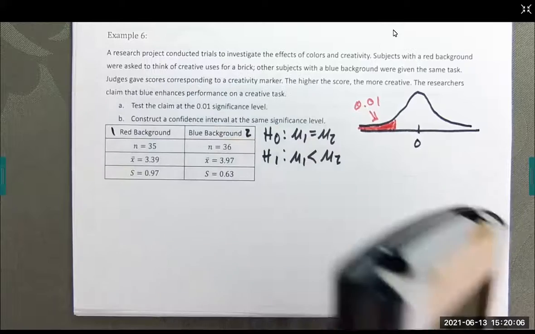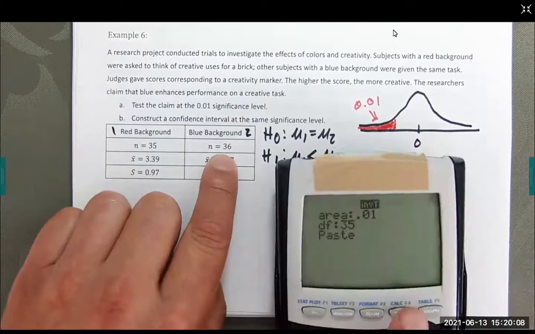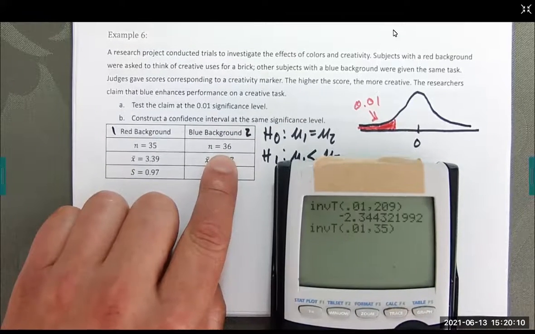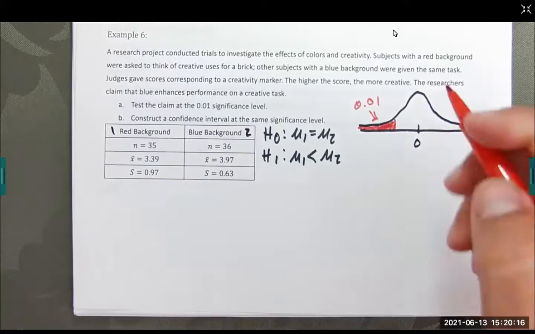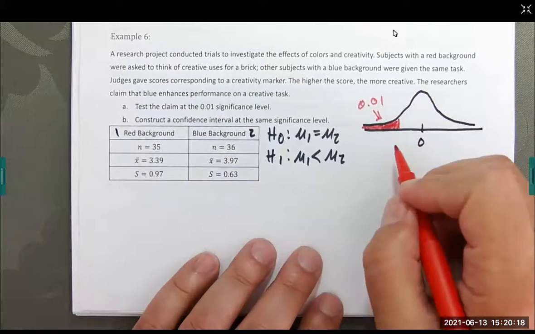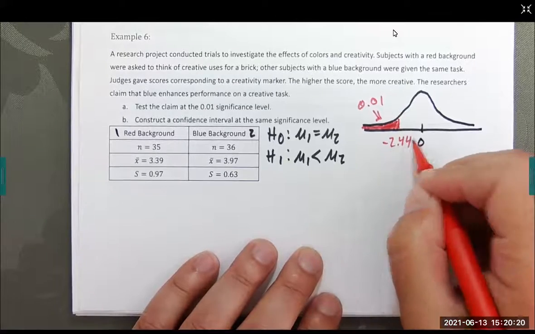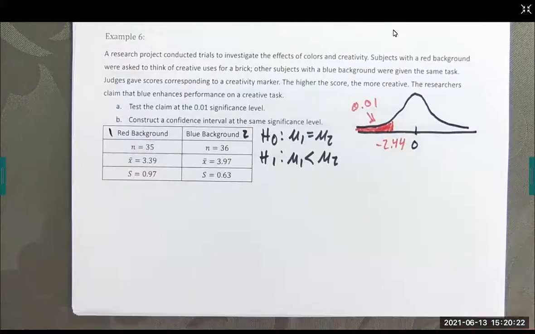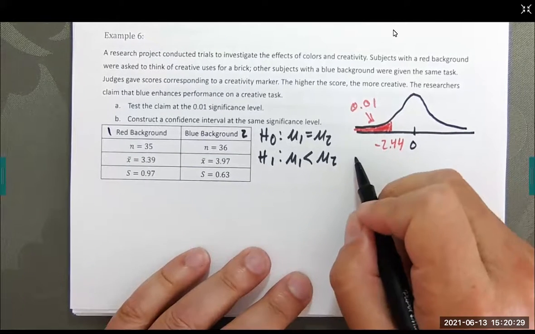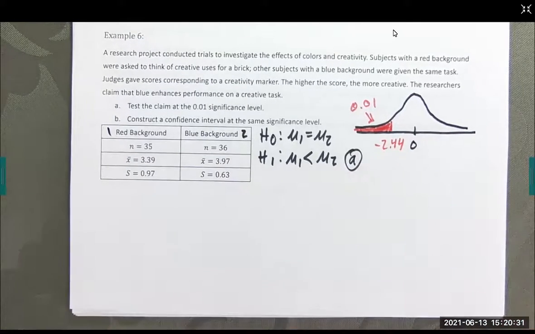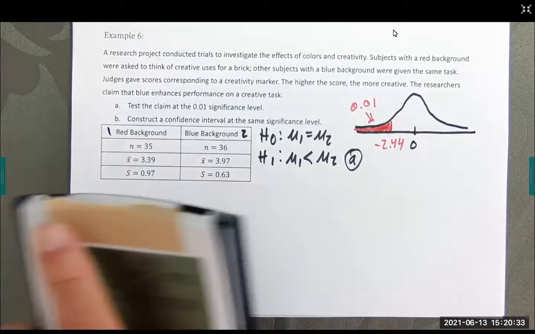Right, it's one less than the larger of the two. -2.44. And now we're going to run part A. It says we've got to get a test statistic, so let's run the numbers.